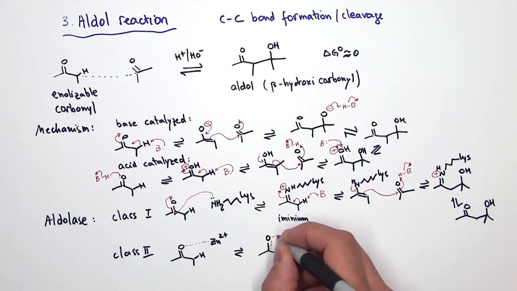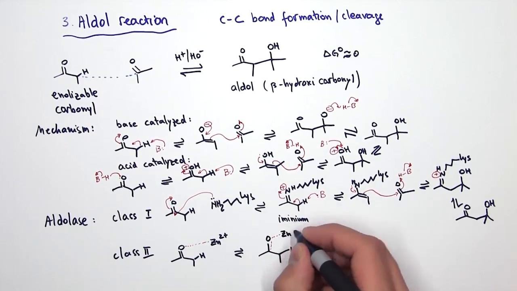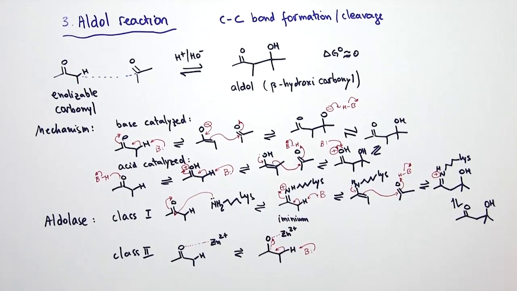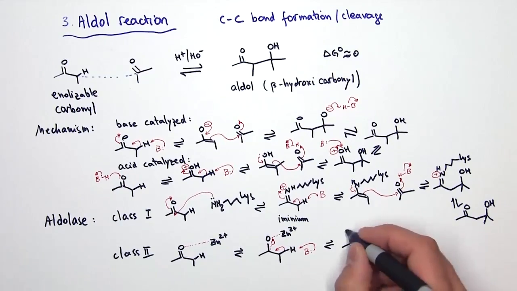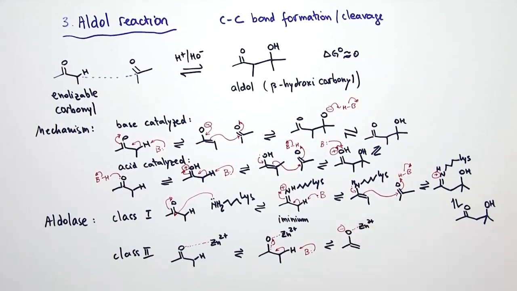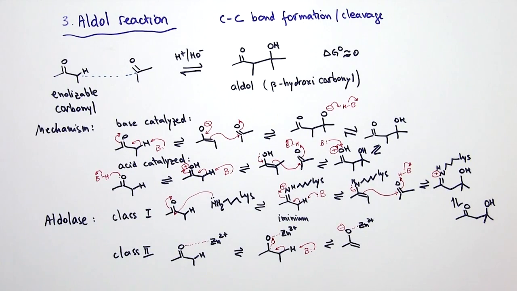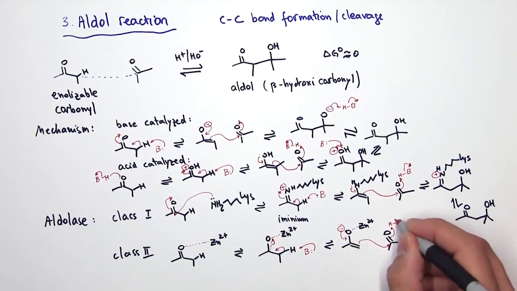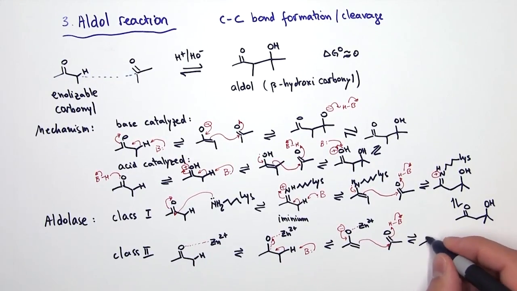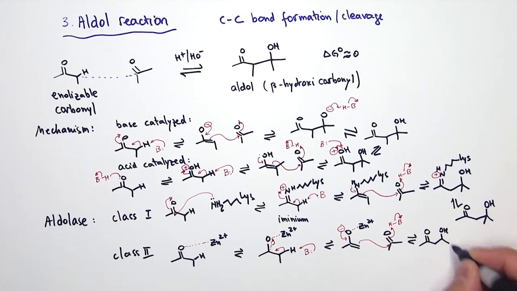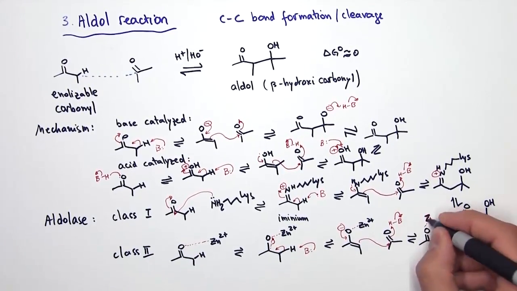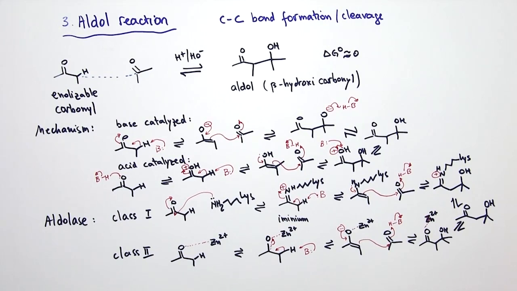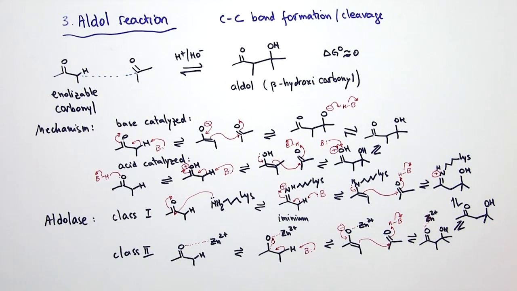So we can imagine some of these electrons get delocalized so that a base can remove the proton and form the enolate, which in the second step reacts with the carbonyl. This generates the aldol product in the active site of the enzyme, still bound to the zinc, which can now dissociate and release the product.